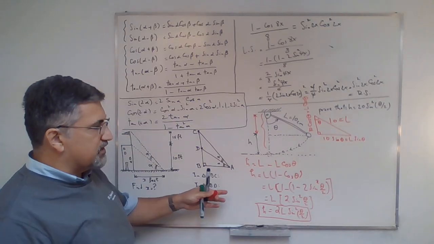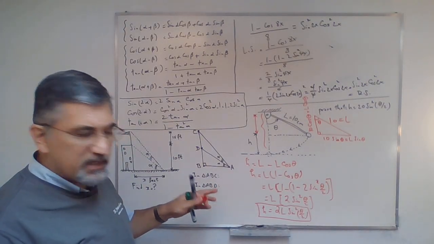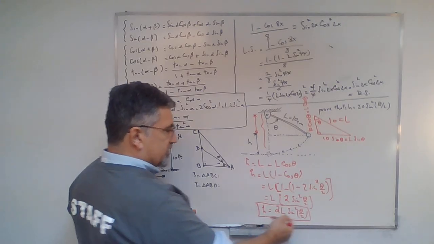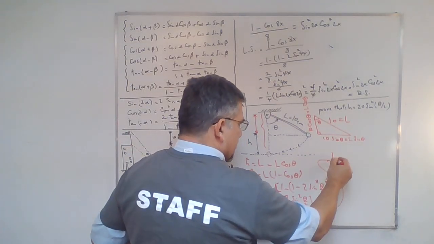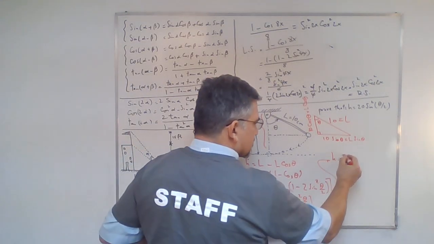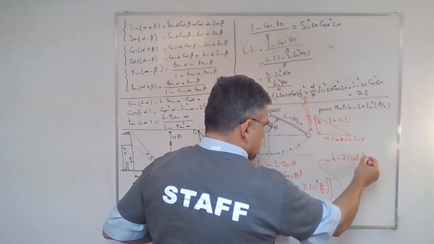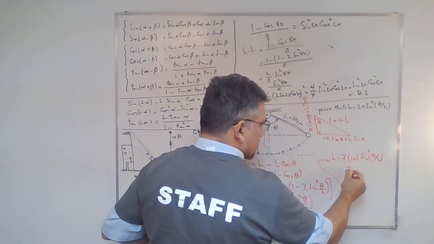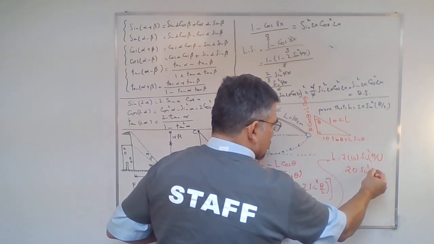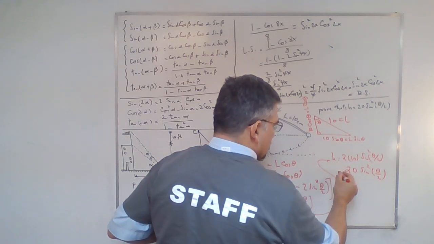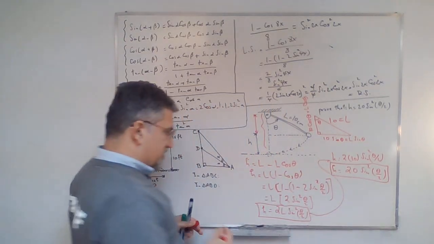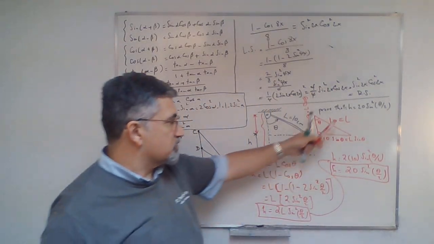Now, because L is equal to 10 centimeters in this particular exercise, we can substitute 10 for L. So H equals 2 times 10, let me show the work, sine squared of theta over 2. So 2 times 10 is 20, sine squared of theta over 2. That becomes the height, or H here.